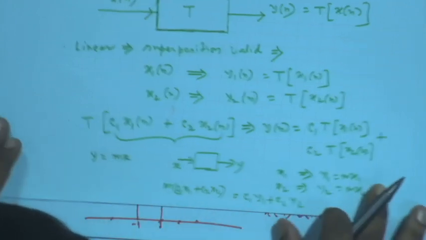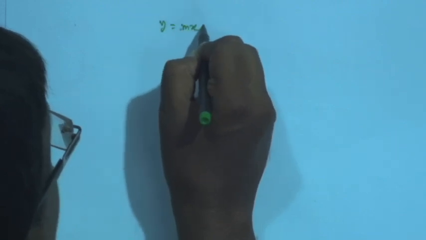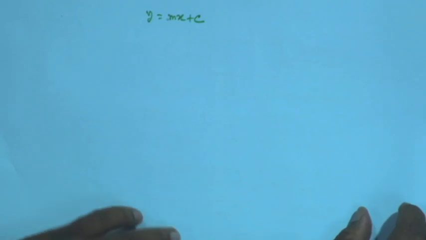So, y equal to mx is linear, but if I give you y equal to mx plus c, then it is not linear, though the plot will be a straight line, technically it is not linear, it is called actually affine.